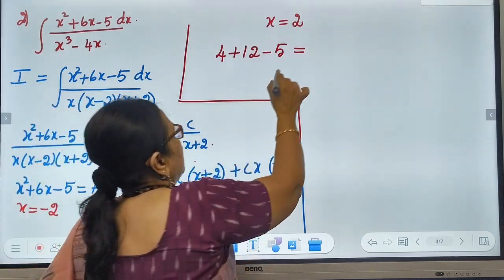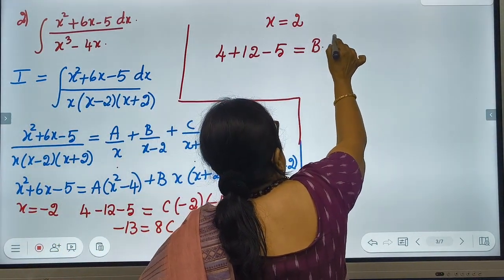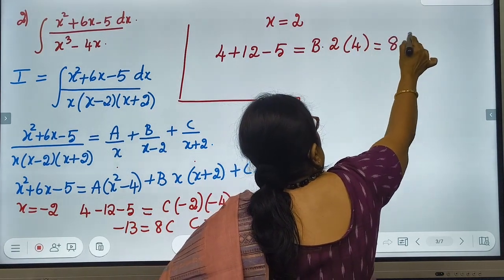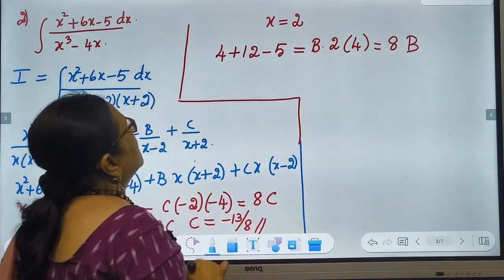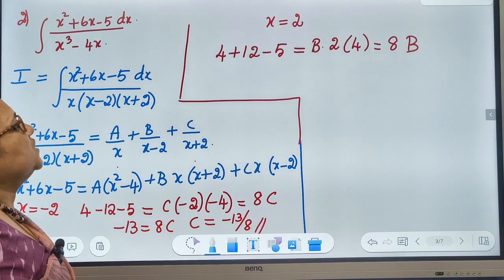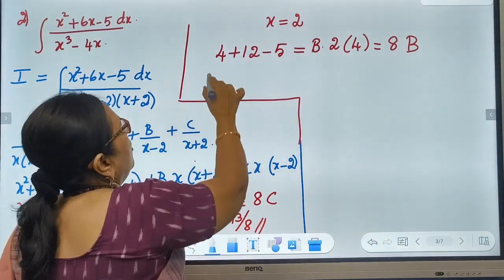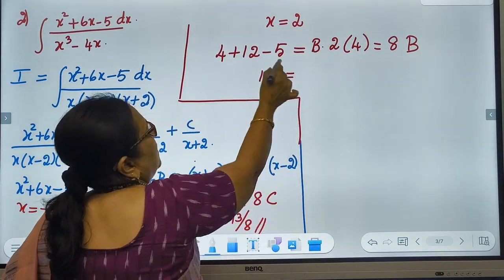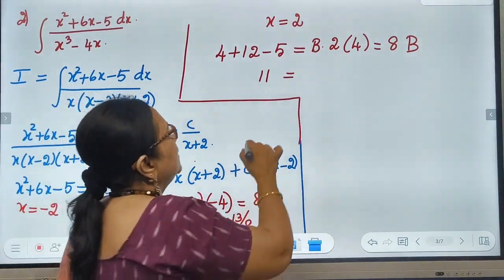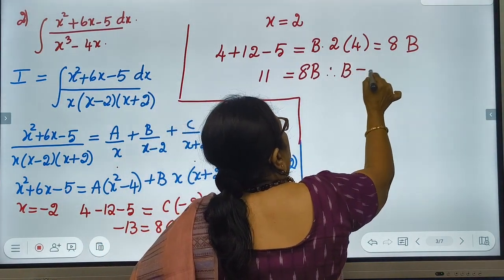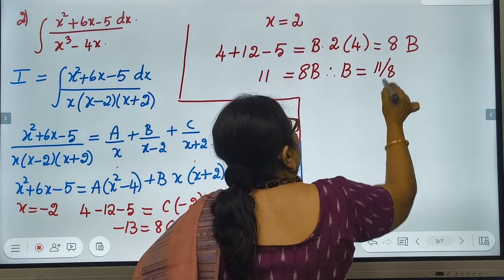The second term will be there. So b into 2 into 4, which is 8b. 16 plus 12 minus 5, which is 11, equal to 8b. Therefore, b equal to 11 by 8.